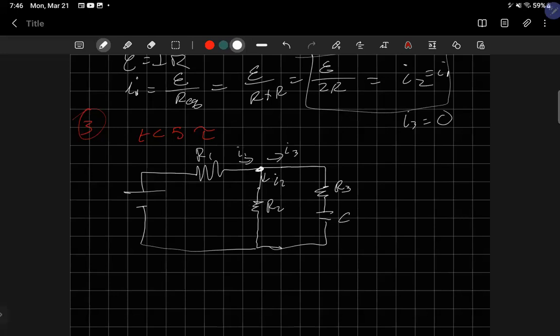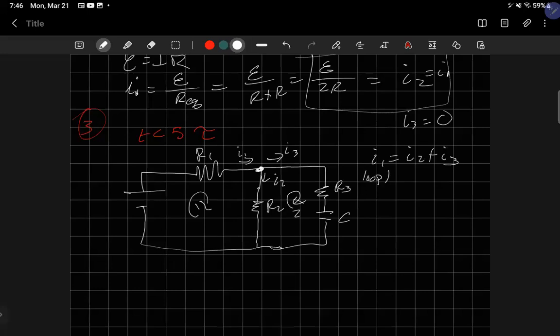Okay, I have 2 loops. So at this node, we have I1 equivalent to I2 plus I3. That's just the junction rule.